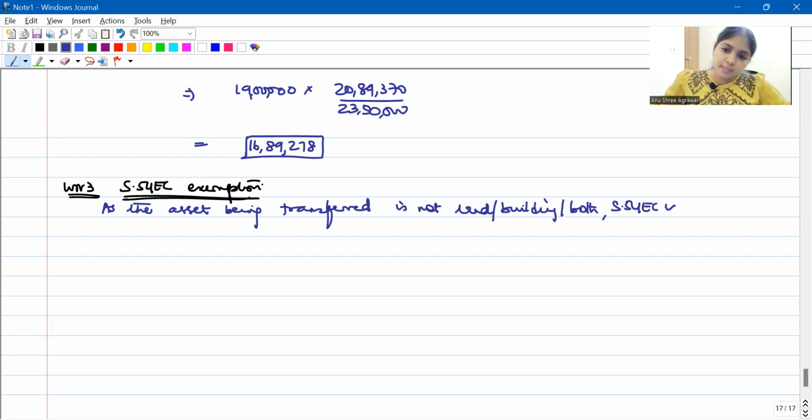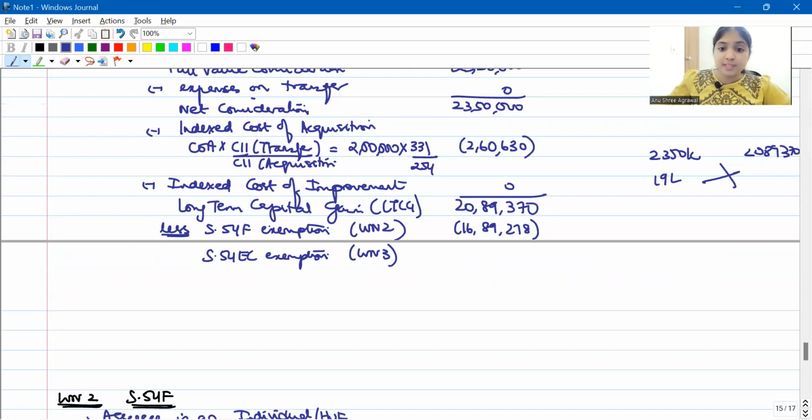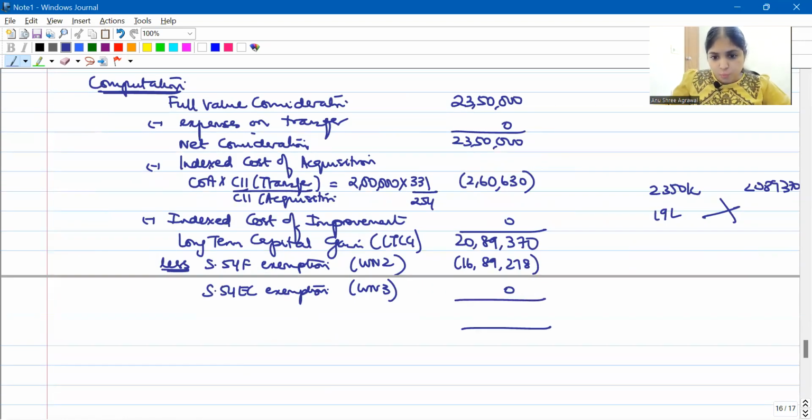Section 54EC exemption is not available. So 54EC exemption is 0. So what will be our taxable LTCG now?